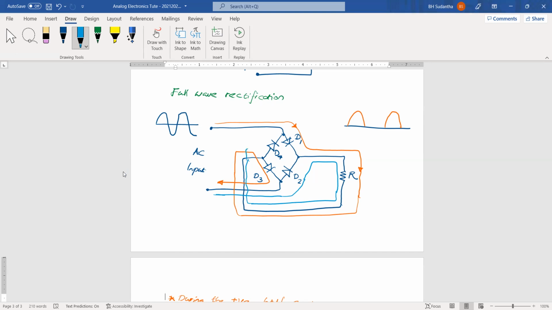Now to come into this junction, it can go like this. So through the resistor, you can see that current is going in the same direction. Because of that, the voltage will appear in the same direction during the negative half cycles.